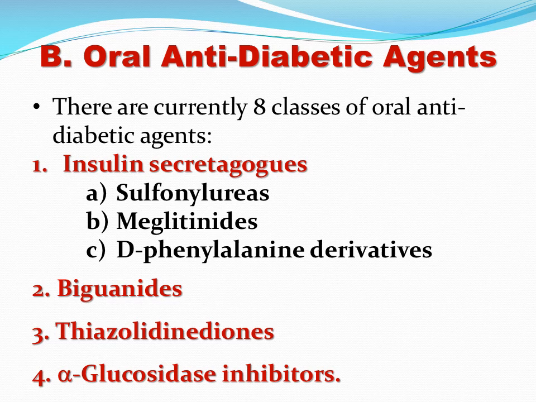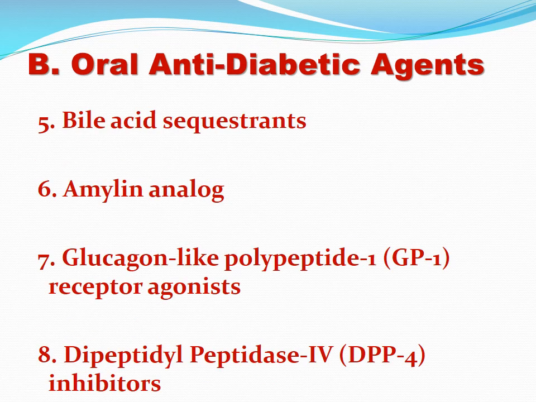These include sulfonylureas and meglitinides, a diphenylalanine derivative. Second group, biguanides. Third, thiazolidinediones, alpha glucosidase inhibitors, bile acid sequestrants, amylin analog, glucagon-like peptide 1 receptor agonists, and dipeptidyl peptidase 4 inhibitors.